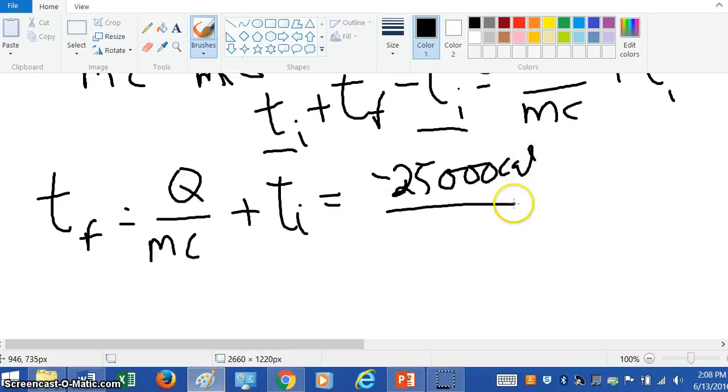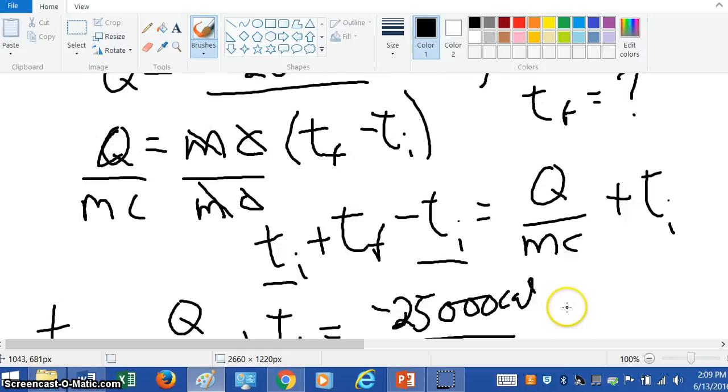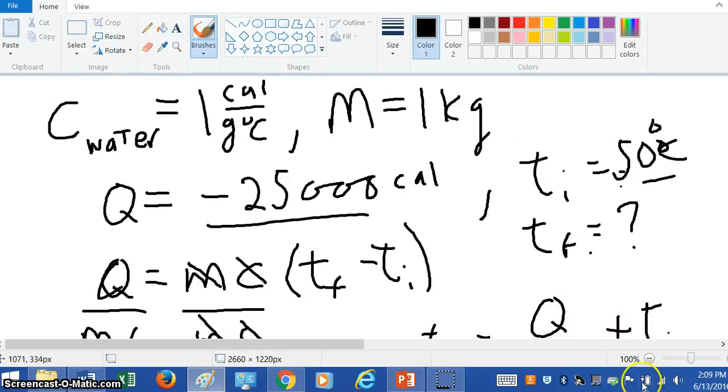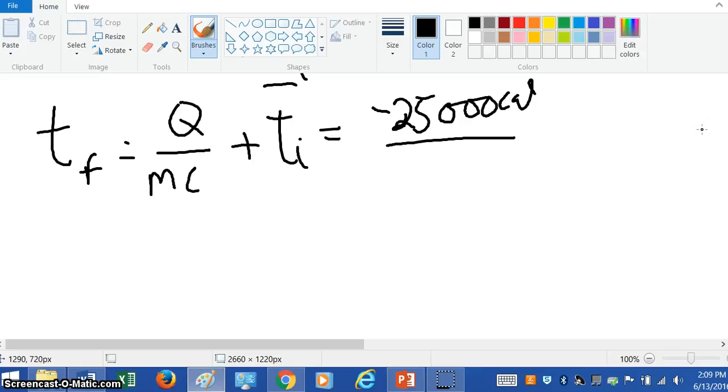And that's divided by, now here's the thing about this, notice I didn't do this yet, but the conversion, this has to be in grams, so I'm just going to replace K by what it is, so that's of course 1,000 grams. So I'm going to use that down here, so this is 1,000 grams, and this of course is just 1 calorie per gram degree Celsius.